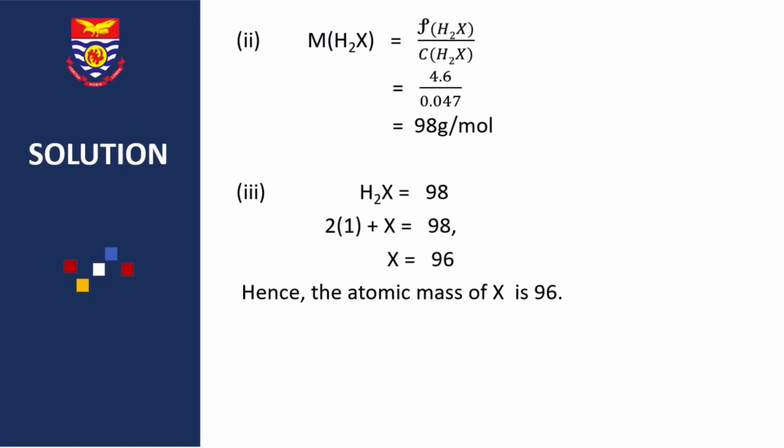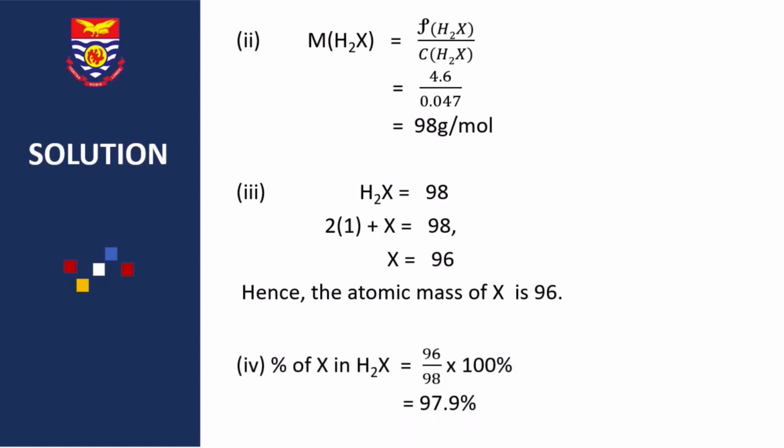So we have 2 atoms of hydrogen times the atomic mass of hydrogen, plus X, which is just 1 atom. Since we don't know X, let's put X there. So 2 times 1 plus X is equal to 98. It means that X is 96. So the atomic mass of X is 96. I hope you have enjoyed this lesson so much.